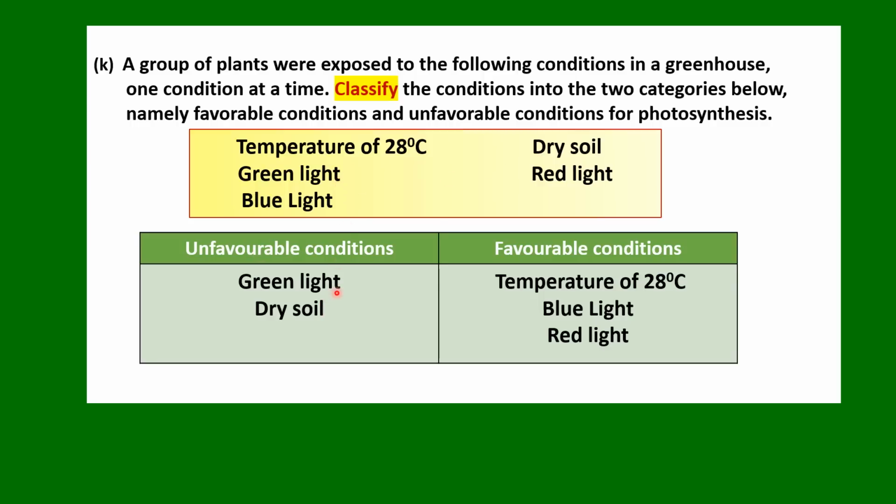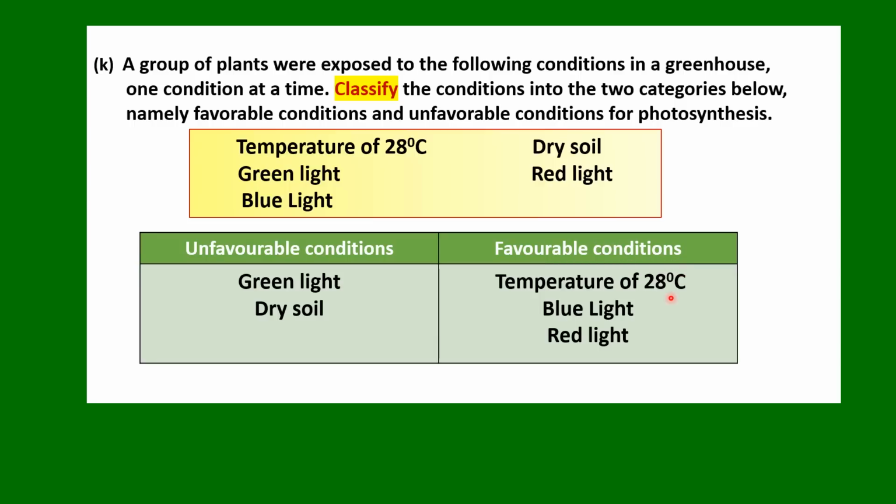Now green light is not absorbed by the plant, so it's reflected, so the plant will not have enough energy for photosynthesis. And then dry soil will cause the plant to have a lack of water. Water is a substrate for photosynthesis. So these two conditions are unfavorable and will cause the rate of photosynthesis to decrease. Whereas these are favorable conditions.